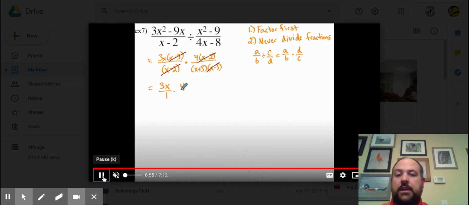So that's going to be multiplied. And the x plus 3 is being multiplied by 1. So that's going to stay in our denominator. We will simplify the 3x times 4 to 12x because that would be simplest form. But we're just going to leave it as 12x over x plus 3. That would be our final answer.